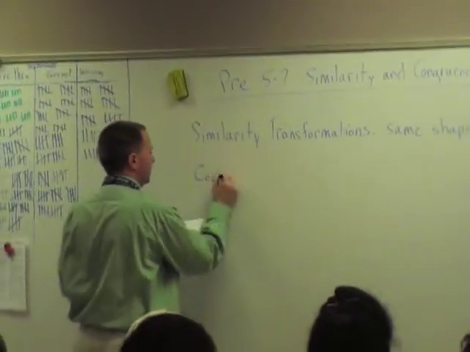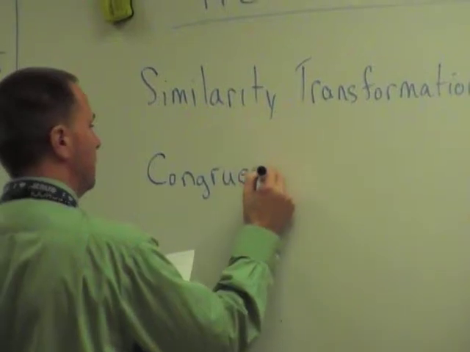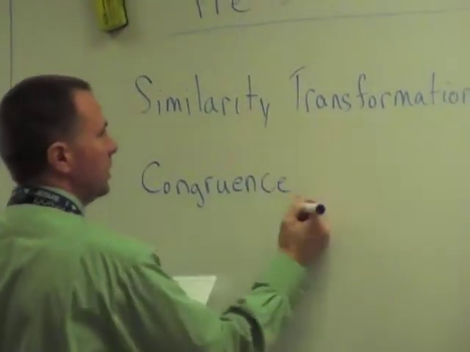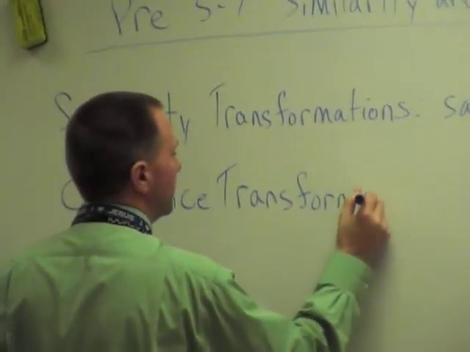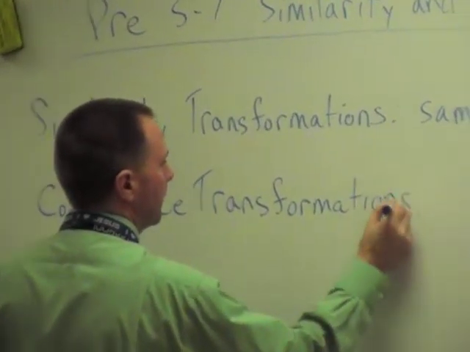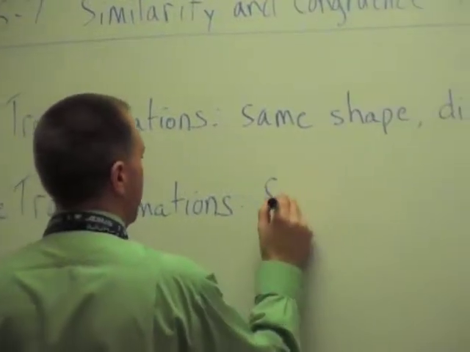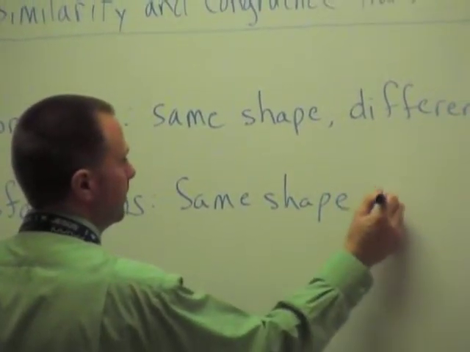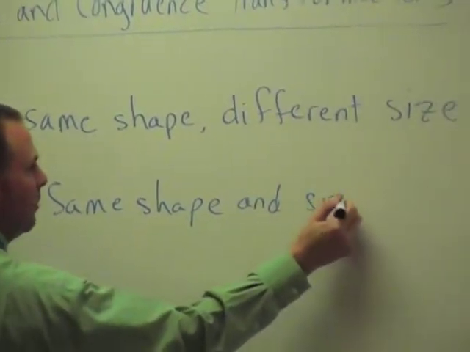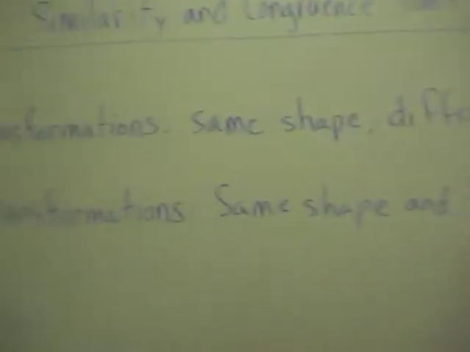Congruence, just to formally have it down. Congruence transformations: same shape and size. We already said that. Now today, you actually have to give me the coordinates.